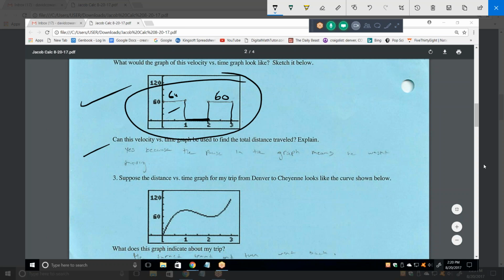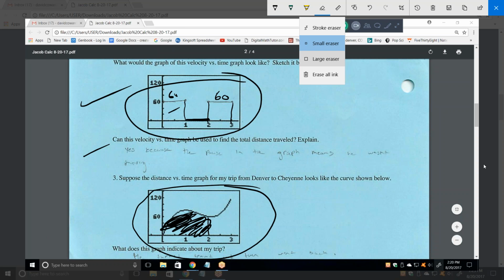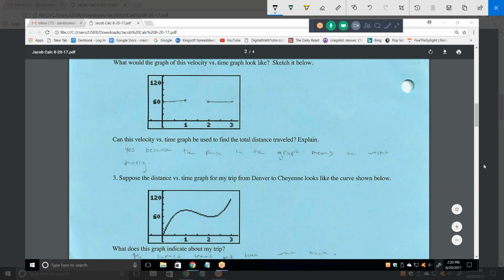Okay. Let's look at this one down here, just skipping ahead. If I want to know how far I went in 2 hours, it's the area under that curve. If I want to know how far I went in 3 hours, it's the area under that curve.